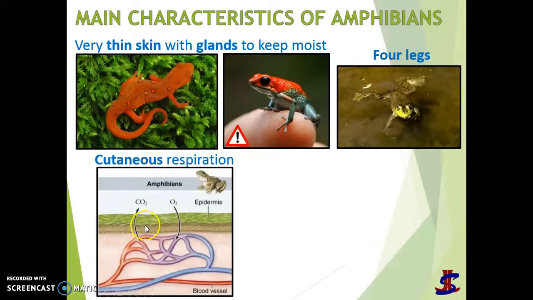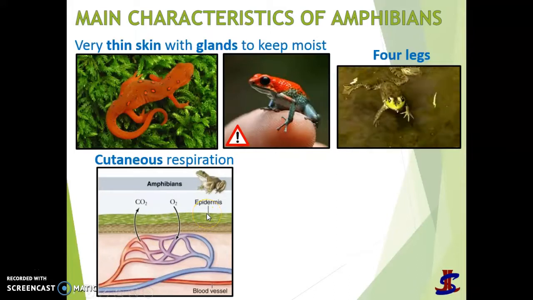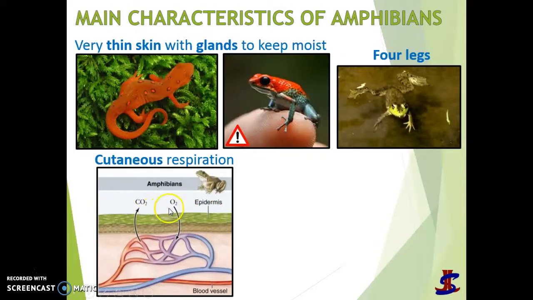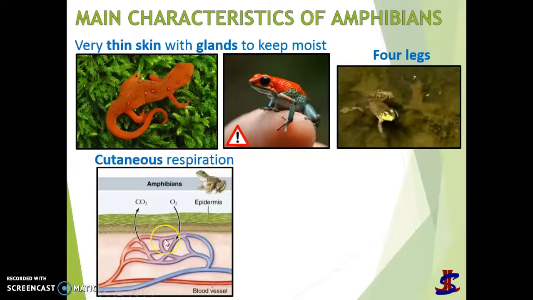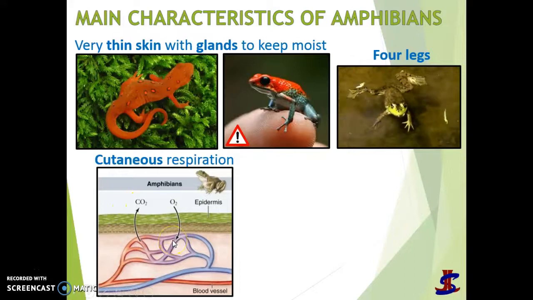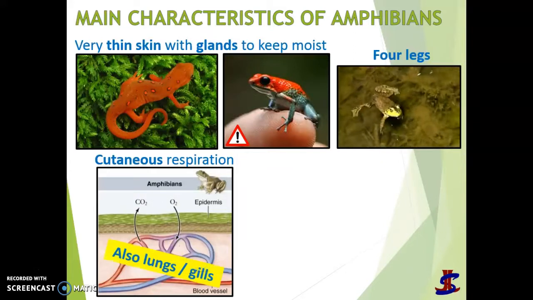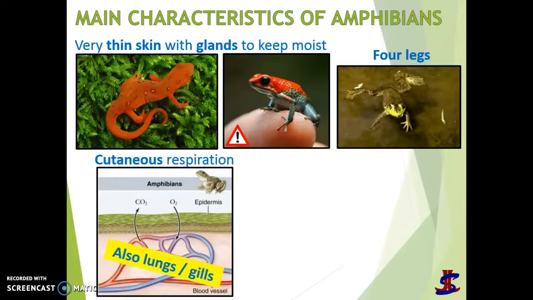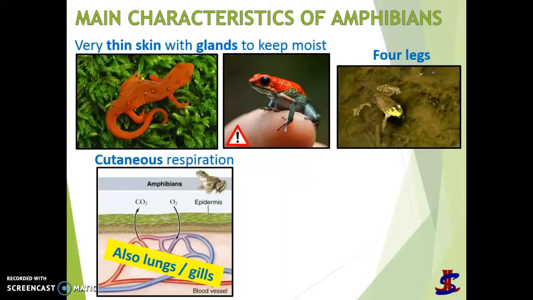So this is happening in the epidermis, and this is one of the reasons why they have to keep the epidermis moist with water in order to help them process this kind of respiration. But in any case, they also have either lungs or gills. So they can have lungs or gills, and at the same time they can breathe through the skin.